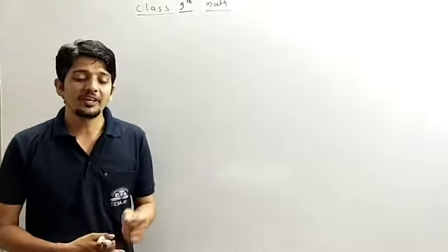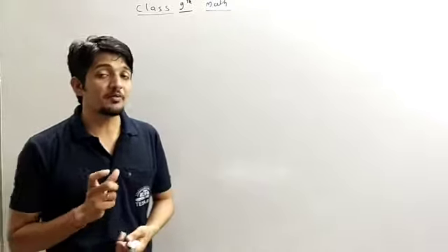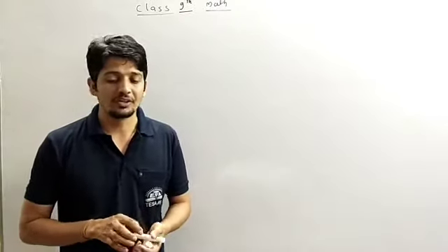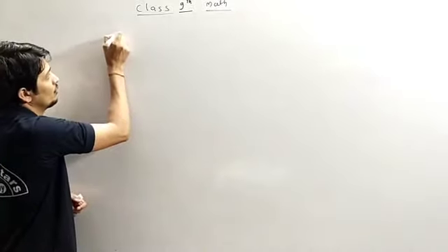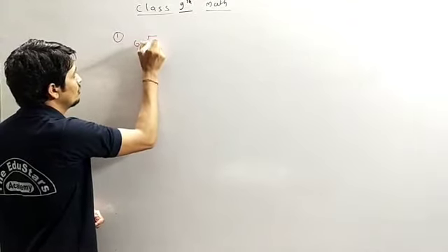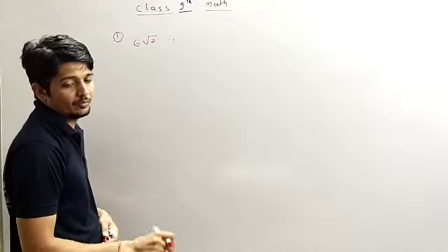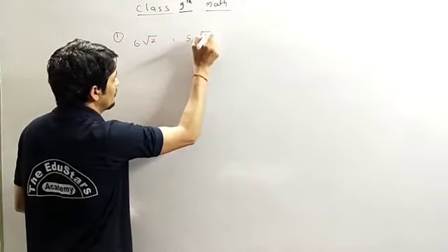Okay. So in your textbook there are a few problems given where we have to identify whether the pair of surds are equal or not. So first question, we have 6 root 2 and 5 root 5.